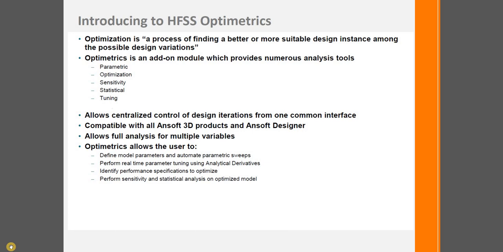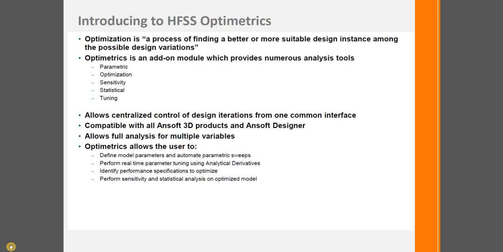Optimetrics is an add-on module which gives us some analysis tools like parametric sweep analysis, optimization, sensitivity analysis, and statistical tuning. This analysis module is compatible with all Ansys 3D products like HFSS and allows us to have a full analysis for multiple variables.